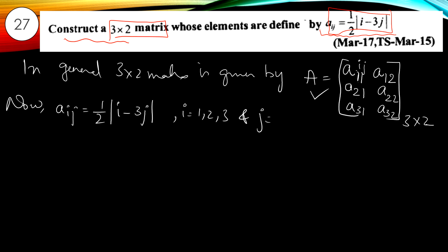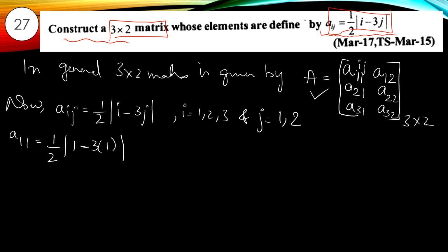Only two values, those are 1 and 2. So from here we are substituting all the values in this Aij. So for finding A11, we just replace all the i and j values with 1 and 1. So A11 is equal to half modulus of 1 minus 3 into 1. Okay, j is also 1, right? So that's why.